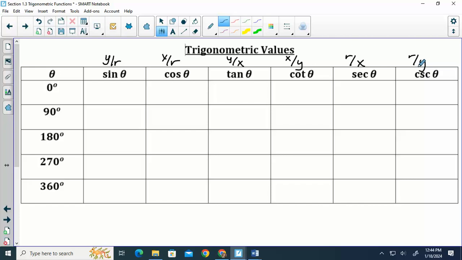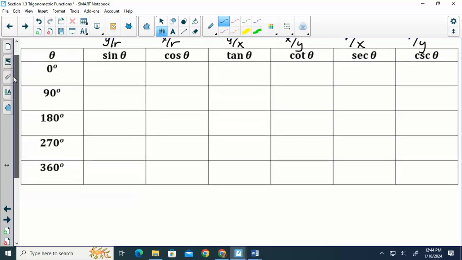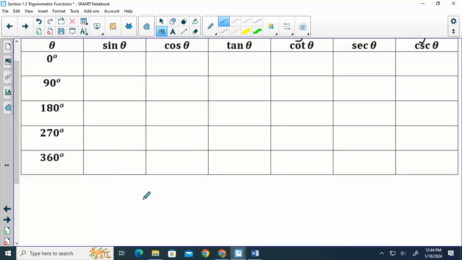What I want to do is draw a picture to help find these. If I were talking about a 0-degree angle, where would that be? On the right side of the x-axis. So probably the easiest point would be what ordered pair? 1, 0. If I were talking about 90 degrees, where would I put it?